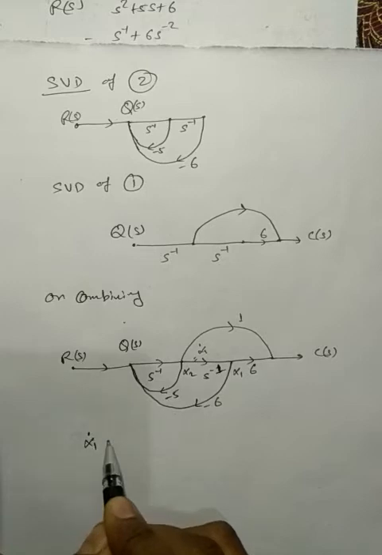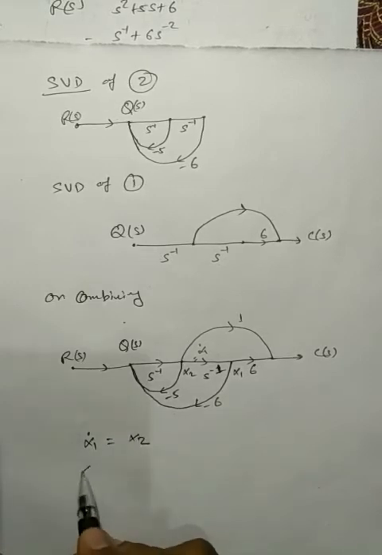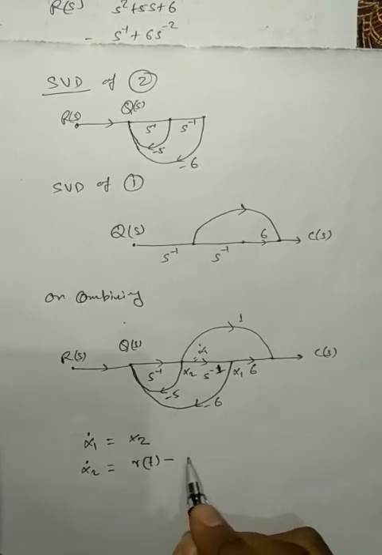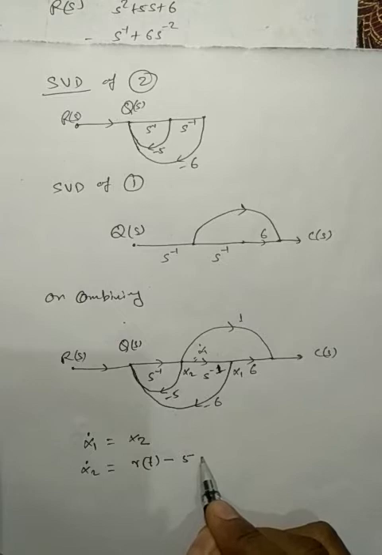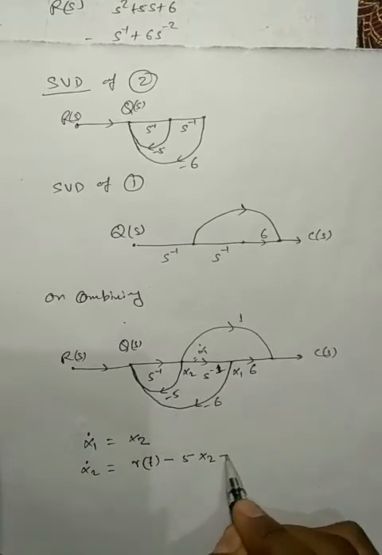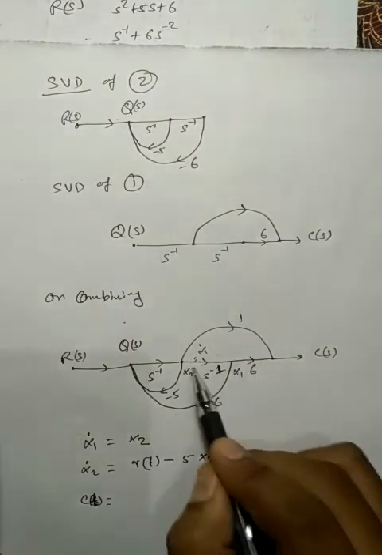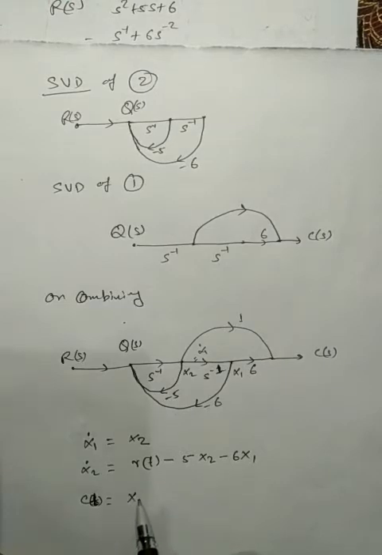So x1 dot is equal to x2, and x2 dot is equal to RT minus 5x2 minus 6x1, and CT is equal to x2 plus 6x1.